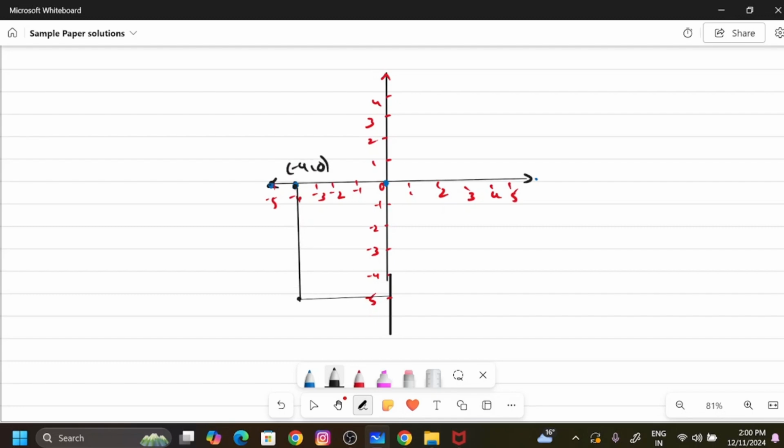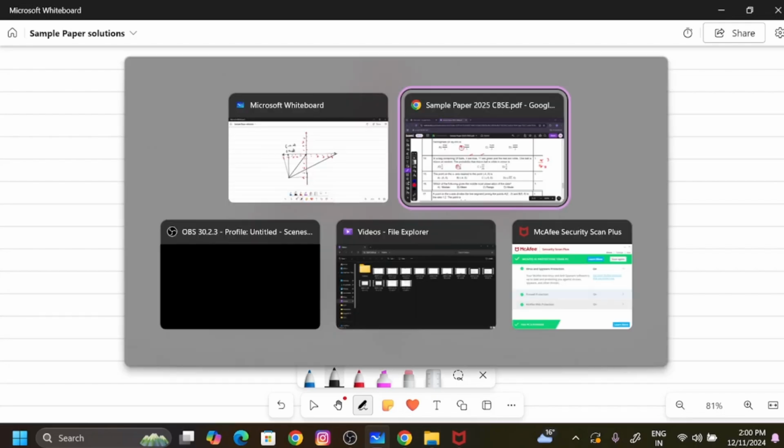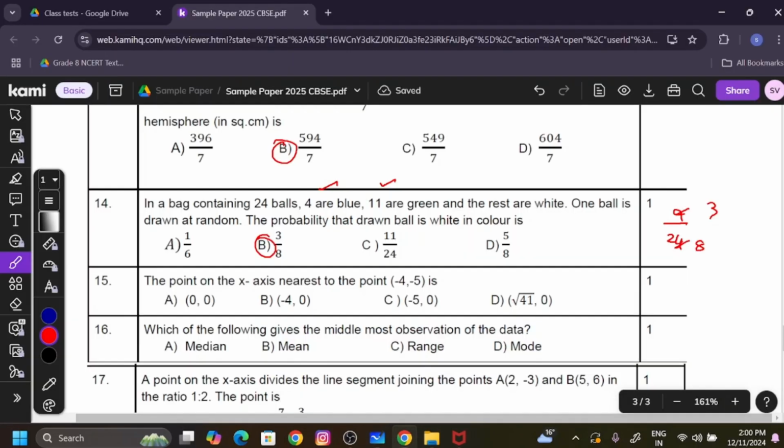If you take this one, this is not the perpendicular, so -5, 0. And if you consider this point, this is also not perpendicular. So always the perpendicular distance will be the shortest distance. So -4, 0 is nearer to the given point, -4, -5. So answer is -4, 0.